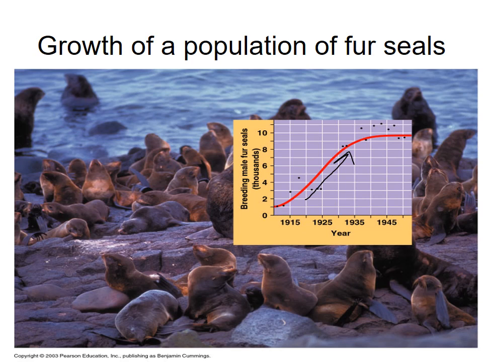It was pretty steep, but after it reached that 10,000 seal mark, you can see that some of those are up and down and up. This is the average that averages out because of those limiting factors. This logistic growth line flattens out the number of organisms that are able to survive and be healthy and reproduce to about 10,000 fur seals in those areas.